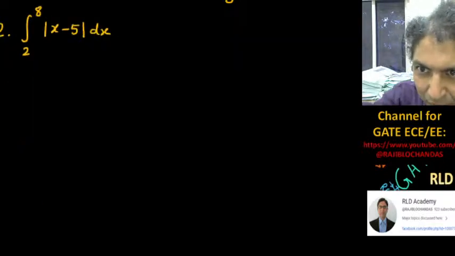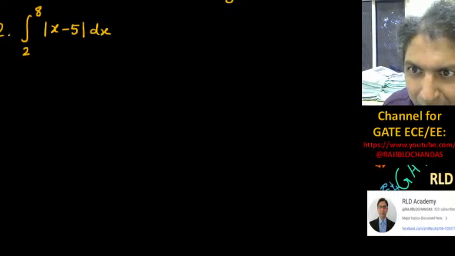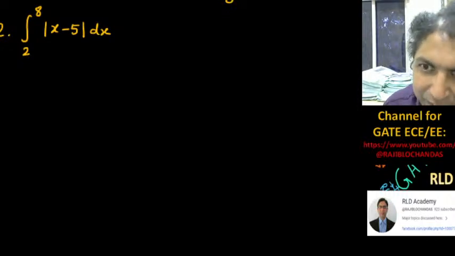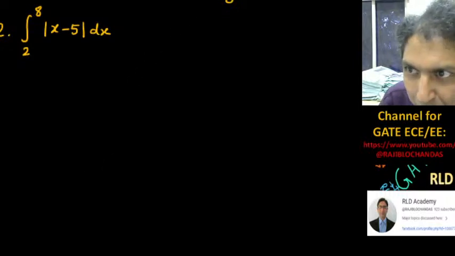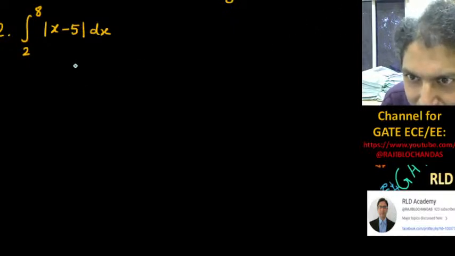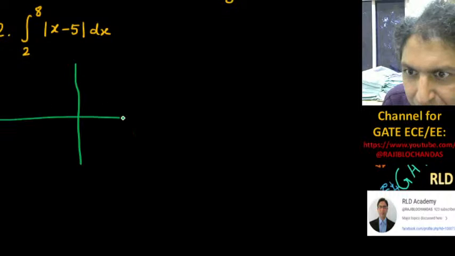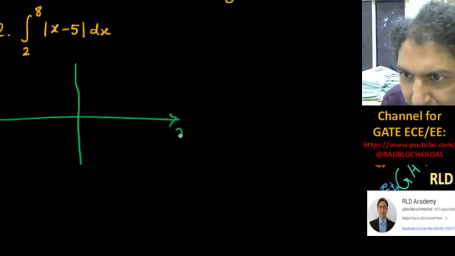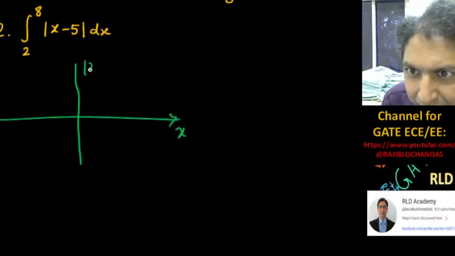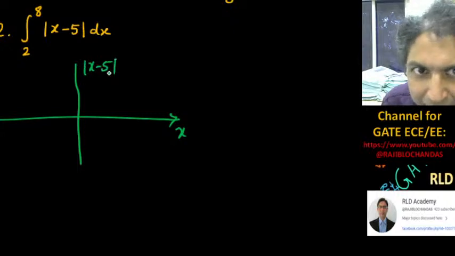So can I solve this problem? Now, as you know the graphical one, graphical is the best, easy method. So why not go for graphical only? Okay, so I will draw this function. This is your x, and here I need to draw x minus 5.